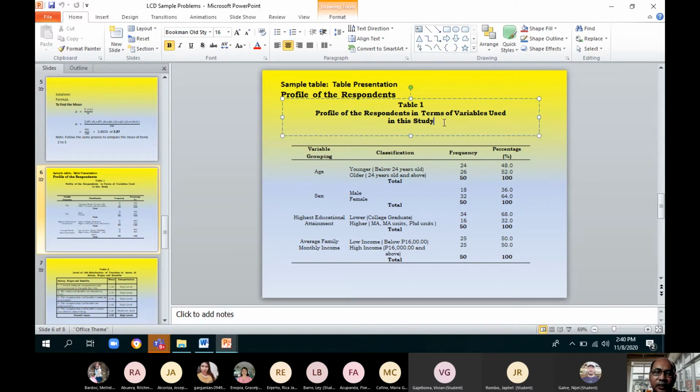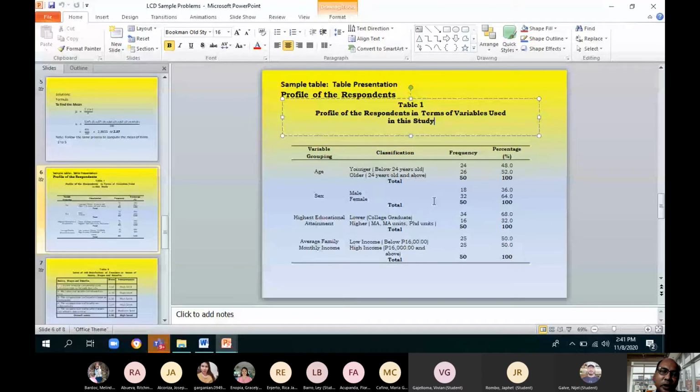And then, there are some cases na ang table ay nahahati into different parts, na ang kalahati nito ay makikita sa page 2. So always remember this. Do not cut the table.